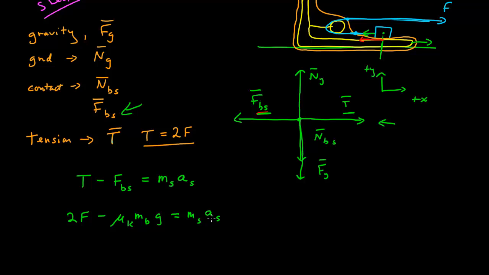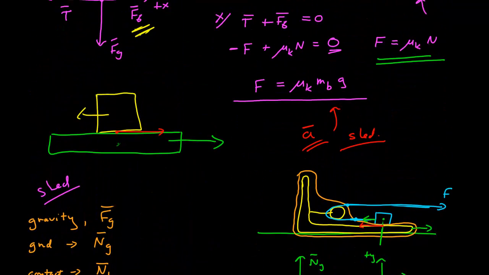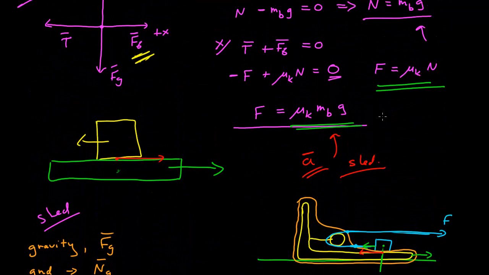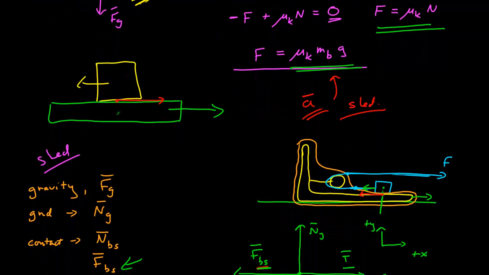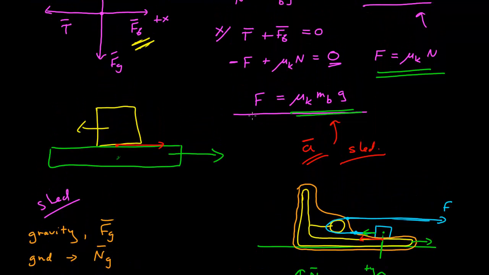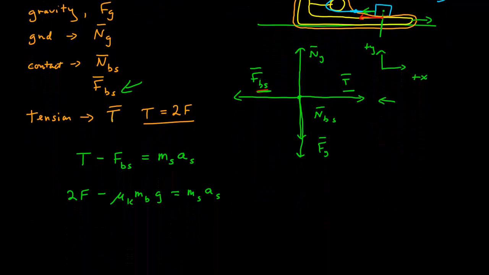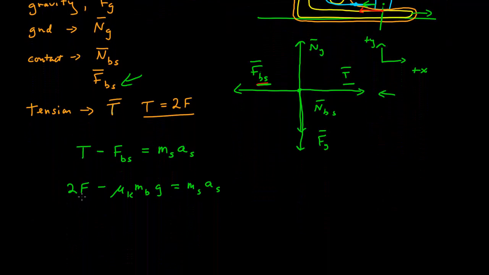Well, we also found that the force was equal to the tension in the string, which is equal to the frictional force, and we did one too many steps, really. We have the magnitude of the tension is equal to the frictional force. So we have twice the frictional force minus the frictional force is equal to the mass of the sled times the acceleration of the sled.